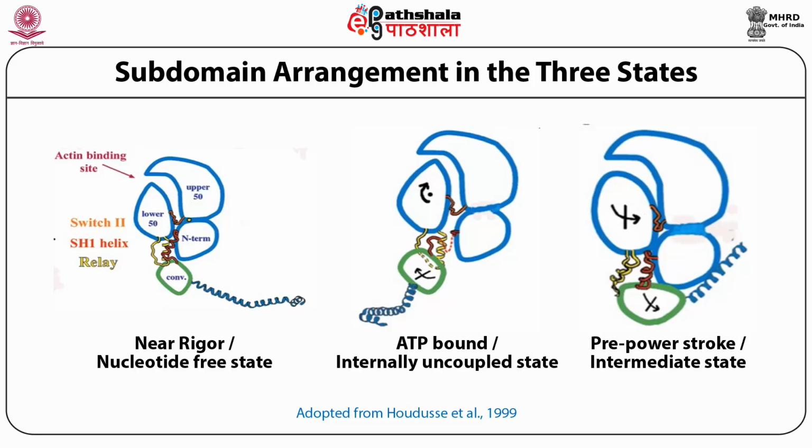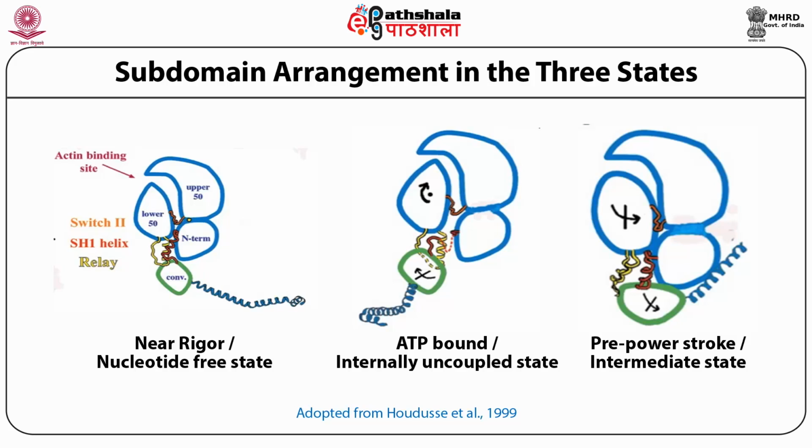The 50 kilodalton lower domain moves away from the N-terminal domain and causes a distance between the 2 domains, which causes the SH1 helix contacts to be lost, and due to which it is melted. The SH1 helix generally has 2 glycines in almost all myosins, which makes it a very flexible helix and which melts. And because of this, we expect the unproductive movement of myosin is not caused.